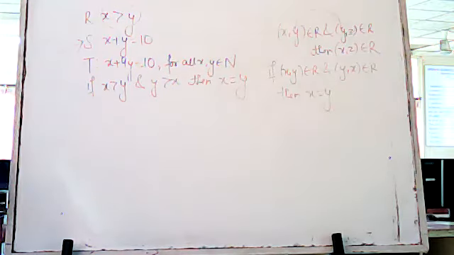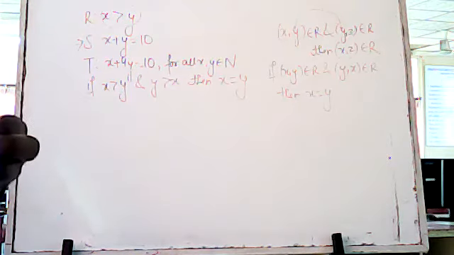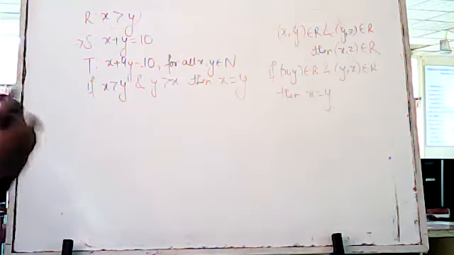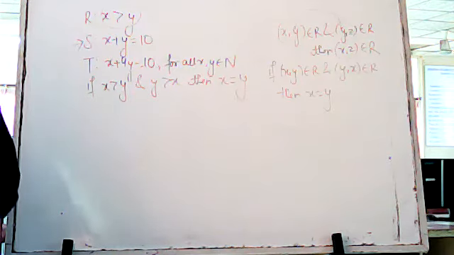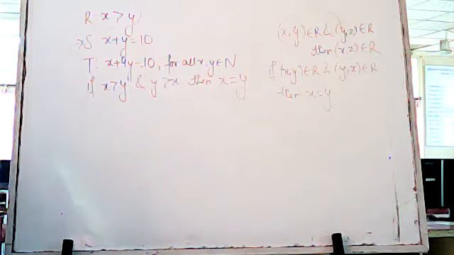You all start this; I have already given you three parts, and you can verify antisymmetric. For antisymmetric, the definition is: if ordered pair (x, y) belongs to relation R and ordered pair (y, x) belongs to relation R, then x must be equal to y. Consider, if x is greater than or equal to y and y is greater than or equal to x, then x equals y, and then R is antisymmetric.